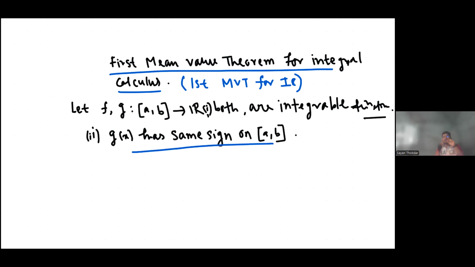Same sign means if it is positive, then it is positive throughout the interval, and if it is negative, it is negative throughout the interval. That is the statement of the first mean value theorem.